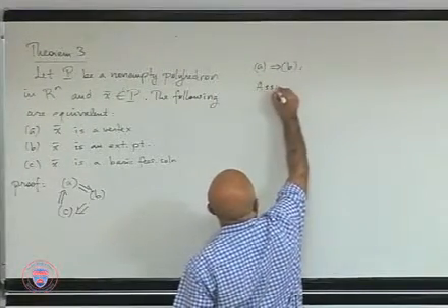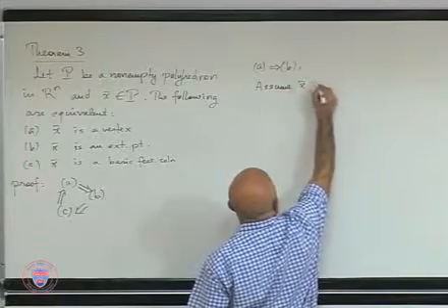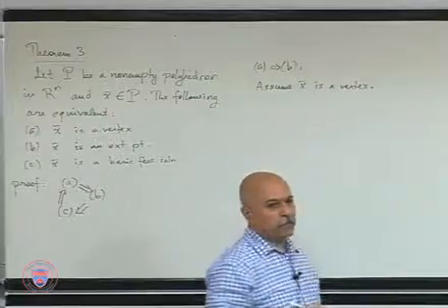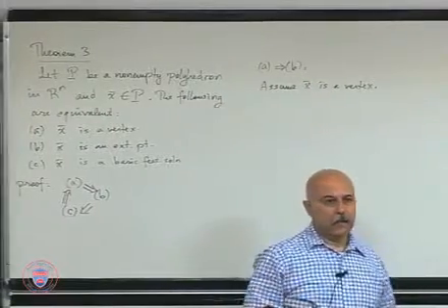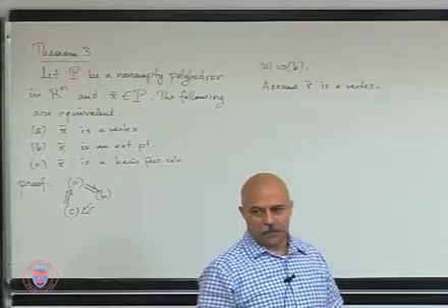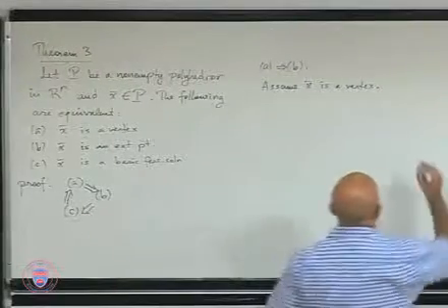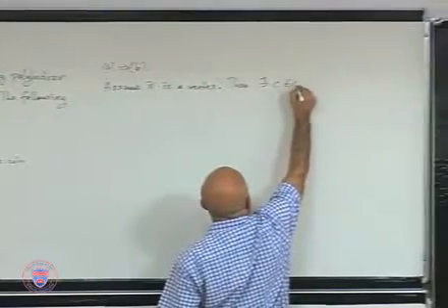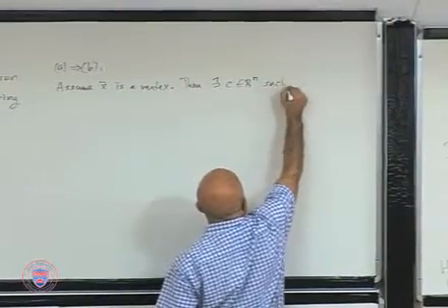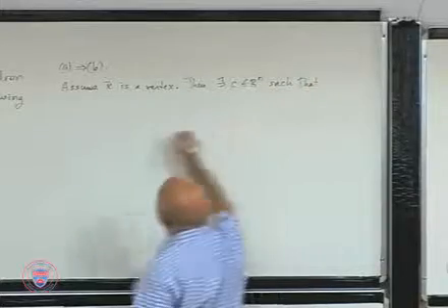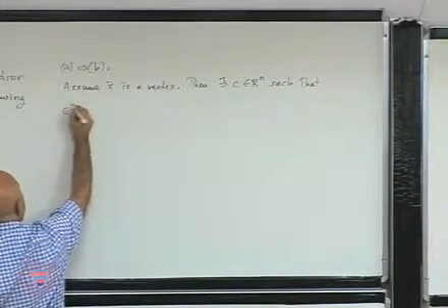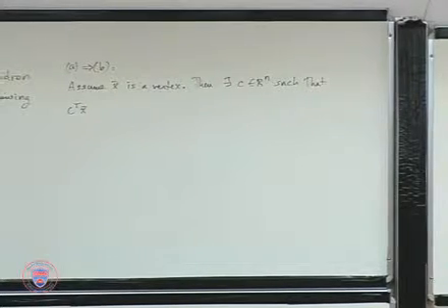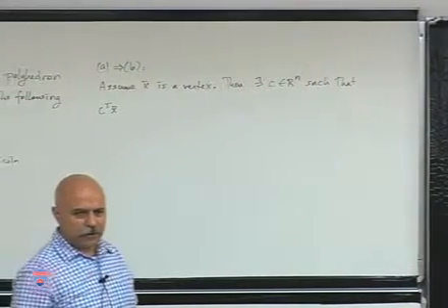So we assume x bar is a vertex of P. So by assumption, there's a non-zero vector c such that something is true. What is that something? When you look at the dot product of c with x bar, it's strictly, was it greater than or less than?